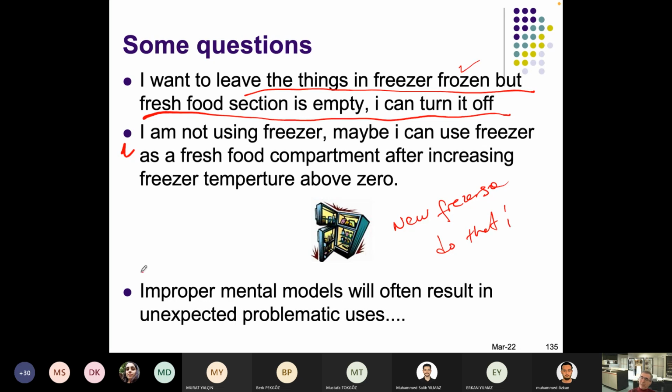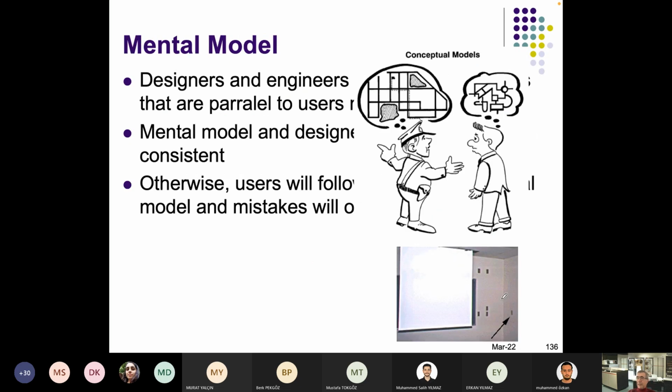So improper mental models, that's what I'm trying to say. Improper mental models will often result in unexpected problematic uses. Sometimes people will say, "bilgisayar kafayı yedi." What is that, bilgisayar kafayı yedi?